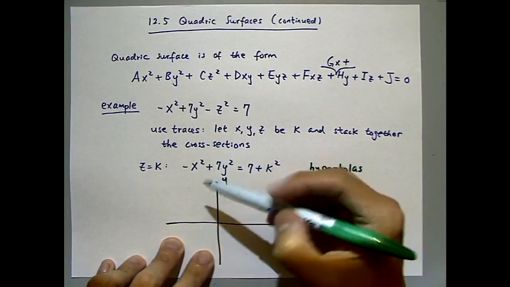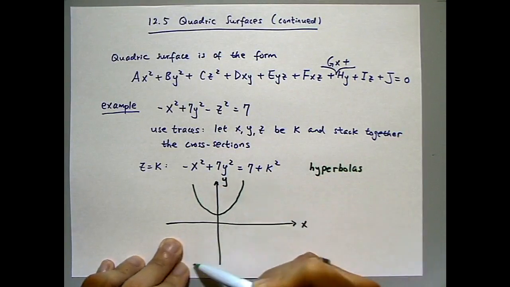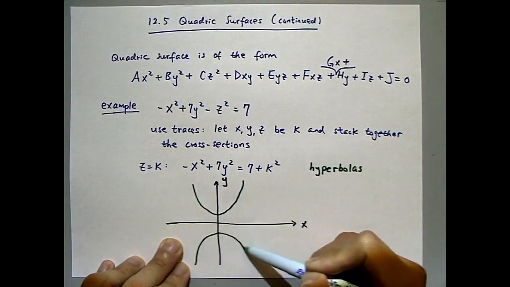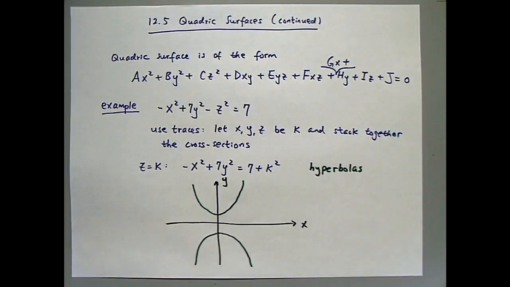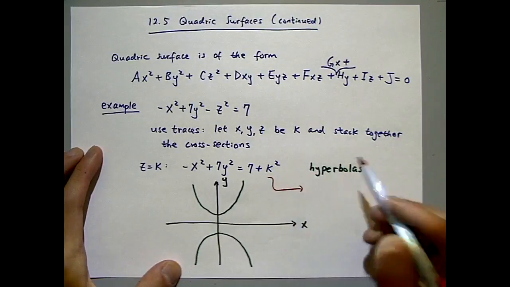So what that tells you is that the hyperbola must look something like this. It must intersect the y-axis. And of course, a hyperbola has 2 branches. Let me write what we just discovered there.